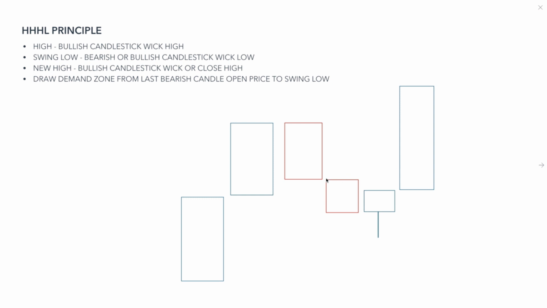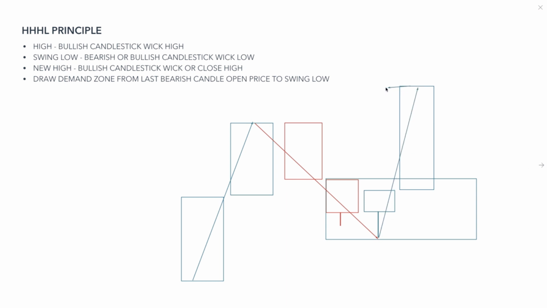Then again, the last bearish candle is from there to there. If this swing, let's say, for example, was there, because what you're looking for is higher highs and higher lows, here, and that would be where the higher low is, I should say. And then you've got a move up here once prices make a new high.